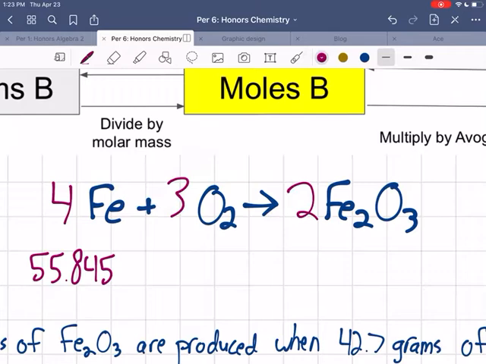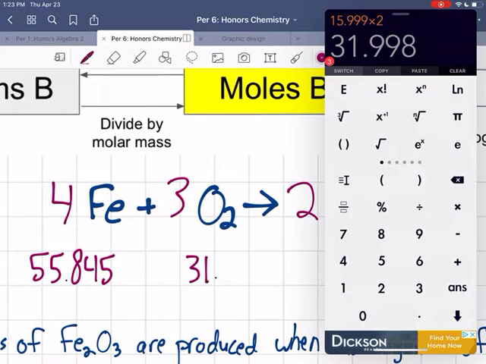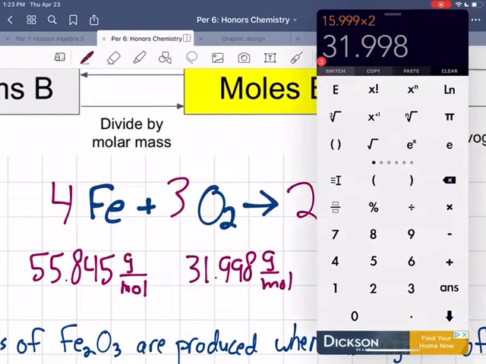Oxygen, it's normally 15.999 if there's 1, but we have 2, so we have to make sure that we include that. So oxygen is going to be 31.998. Remember, these are in grams per mole. Grams per mole. Sometimes I even forget to put my units, but I shouldn't.